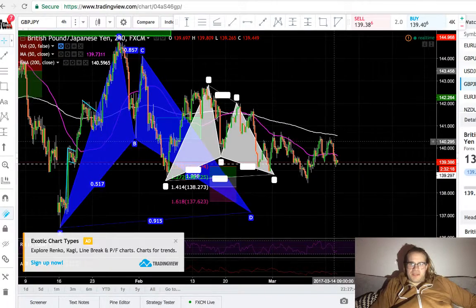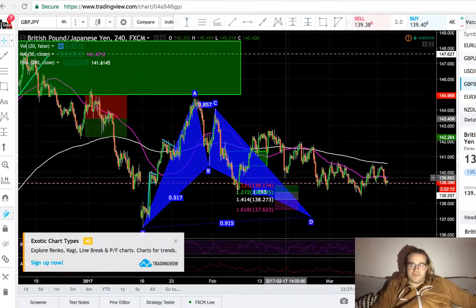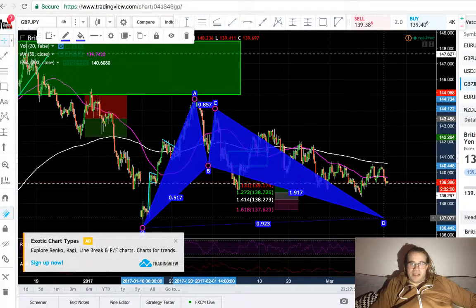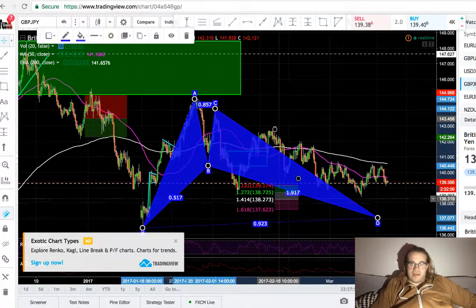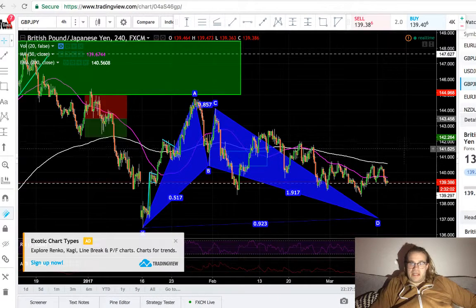I am interested in this bat right here. It's not invalid just yet, so we could just extend this. It's getting pretty long, but time does not invalidate the patterns.